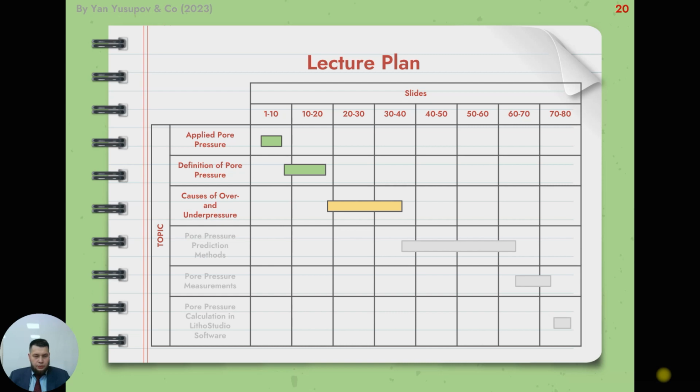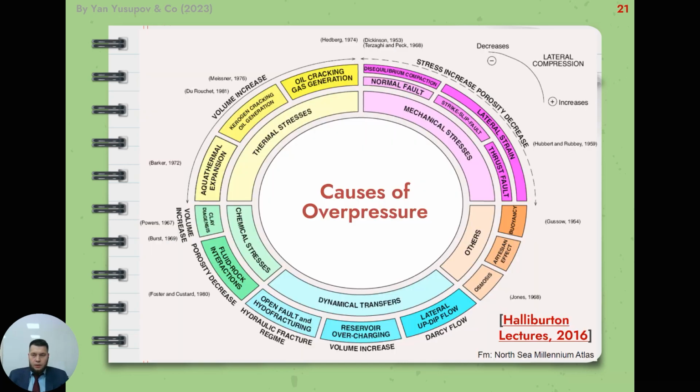Okay, let's go to topic number 3. This is causes of over and under pressures. In the slide you can see a chart of causes of overpressures. There are very many causes of elevated pore pressure.